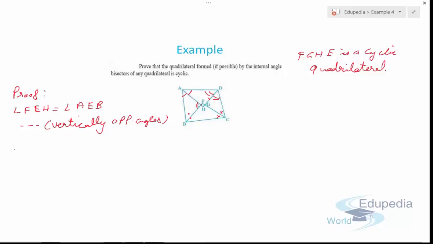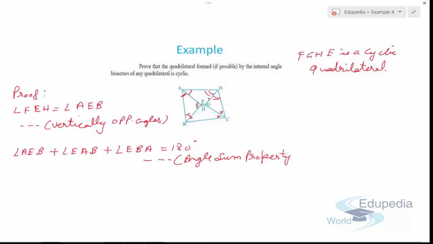Right? Now angle AEB plus this angle equals 180 degrees because of the angle sum property. So we can write angle EAB plus angle EBA plus angle AEB equals 180 degrees, again by the angle sum property.